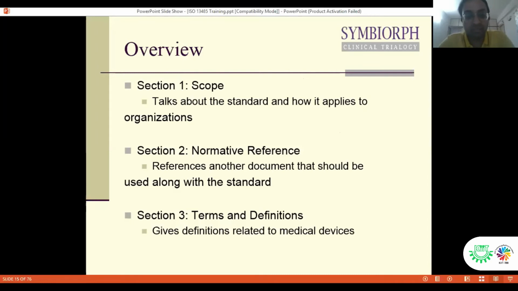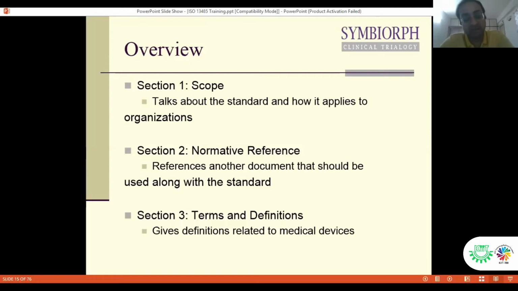What do we mean by the scope? Whenever a manufacturing company is applying for a certification, or when they are implementing 13485, they have to identify and document the total scope of the certification or the quality management system. I will state a few examples.